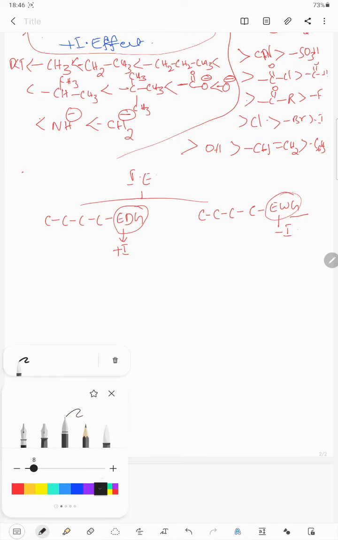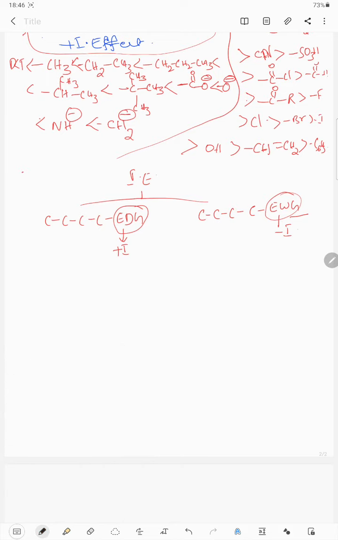Now look here, some applications we will study under inductive effect. The first application is stability of carbocation. Carbocation stability is decided by either plus I groups or minus I groups. Look here.